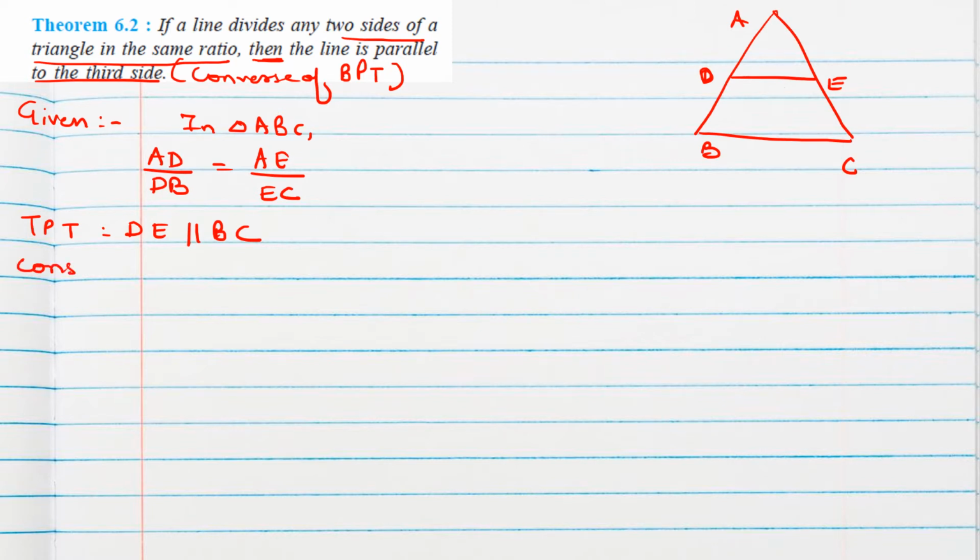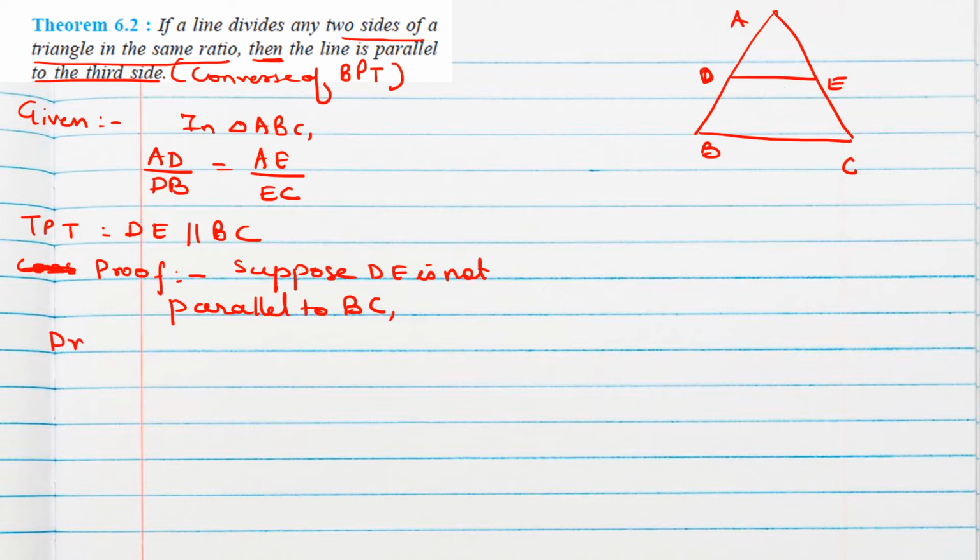See, in this proof we will use the contradiction method. Contradiction method means we will suppose here that DE is not parallel to BC. So that means any other line we can draw will be parallel to BC, isn't it?